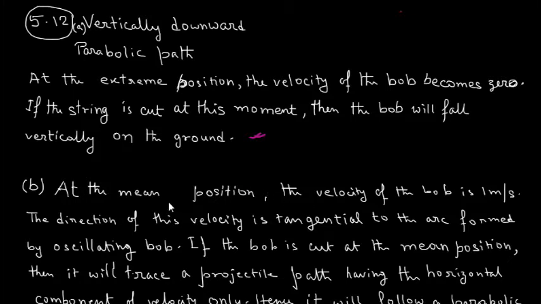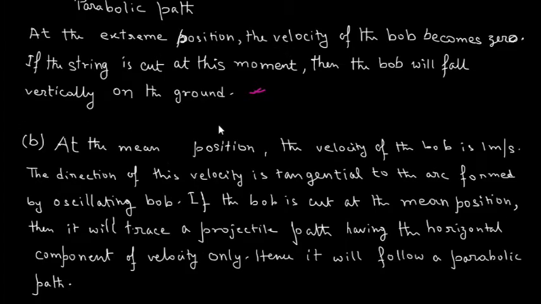Now part B. At the mean position, the velocity of the bob is 1 meter per second. The direction of this velocity is tangential to the arc formed by oscillating bobs.